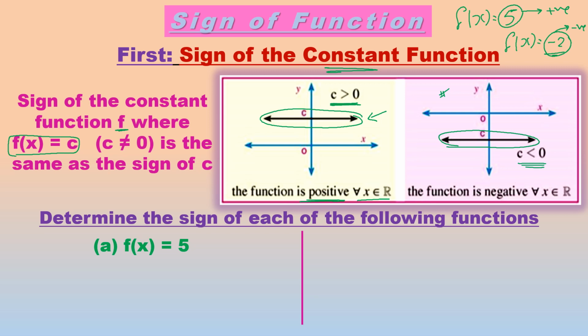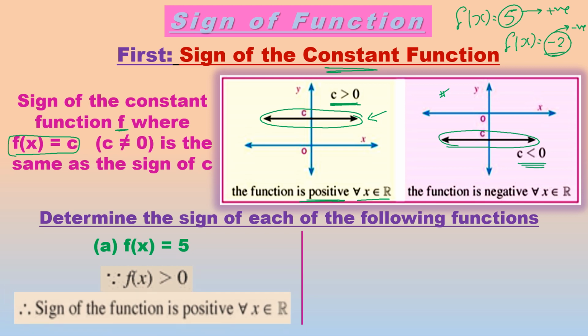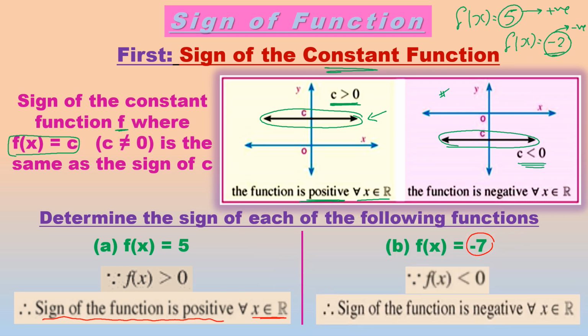Since the function is greater than 0, the sign of the function is positive for every x belonging to R. Another example, if f of x equals -7, since f of x is smaller than 0, it's a negative value, therefore the sign of the function is negative for every x belonging to R. So if the number is positive, the function is positive. If the number is negative, the function is negative.